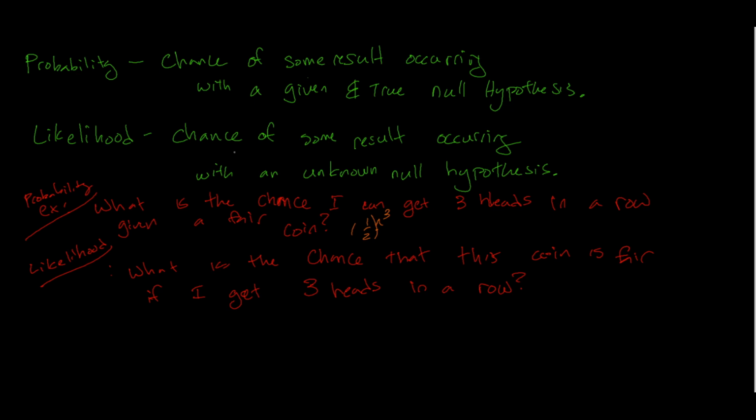Likelihood, on the other hand, is the chance of a result occurring with an unknown null hypothesis. Given that you don't know what this value is, this question mark over here, to the third, what is the chance that this coin is fair if I get 3 heads in a row? What's the chance that this value is equal to 0.5, that it's a fair coin? That's where you score likelihood by comparing the distribution of a fair coin to the distribution of what your result actually is statistically.